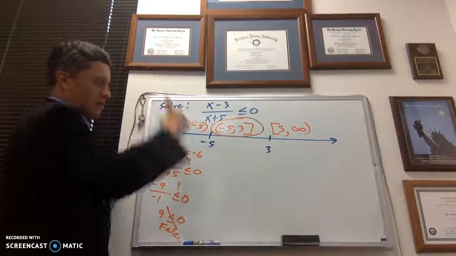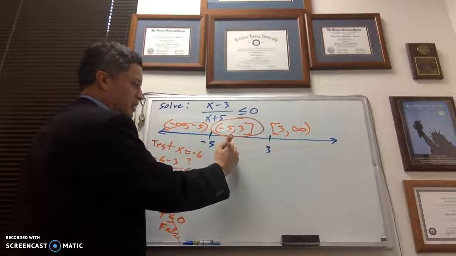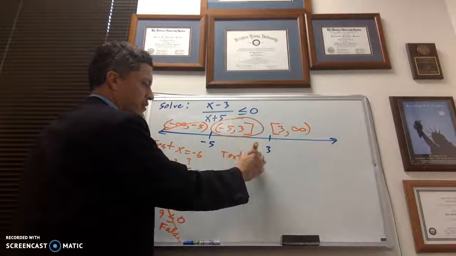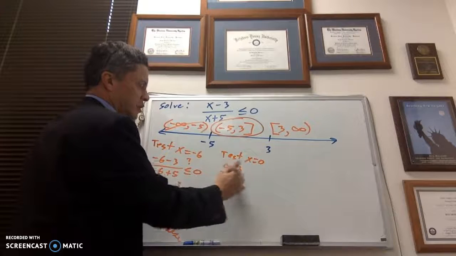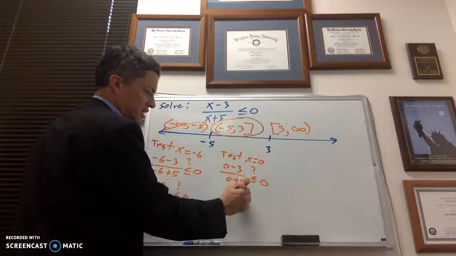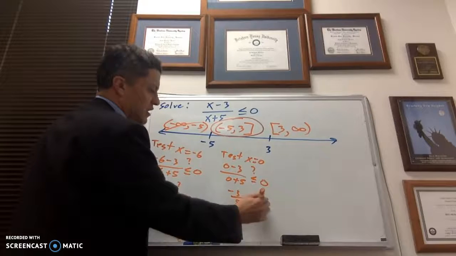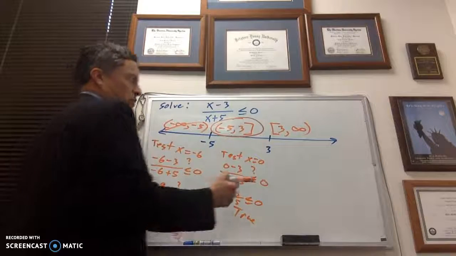See? All right, let's test 0. That's within negative 5 to 3. It's going to work, but I'll prove it to you. Test x equals 0, so that's 0 minus 3 over 0 plus 5, trying to be less than or equal to 0. That's negative 3/5, and that is less than or equal to 0, so that's true. And I'll prove why the other interval won't work.